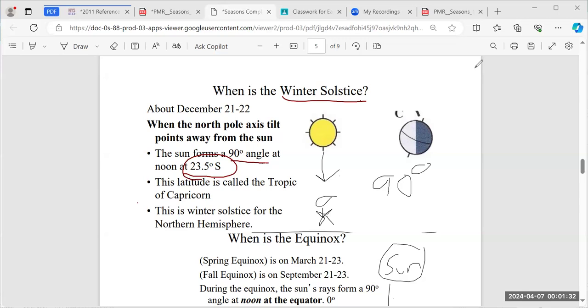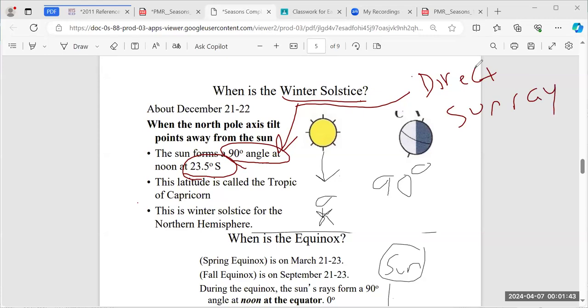We call this a direct sun ray: when it's giving a 90-degree angle directly overhead at an observer. So the latitude is 23.5 degrees south.